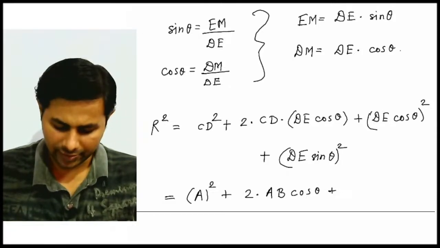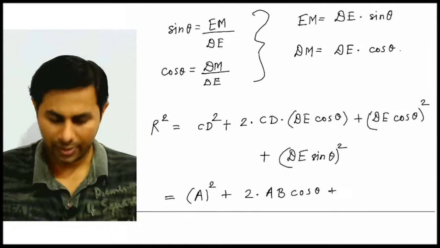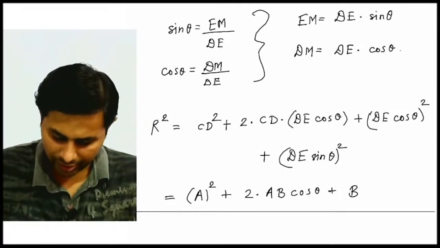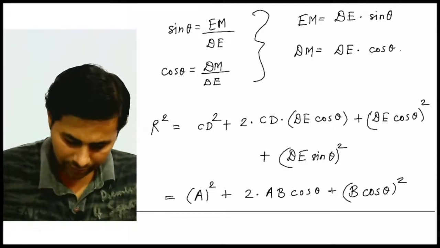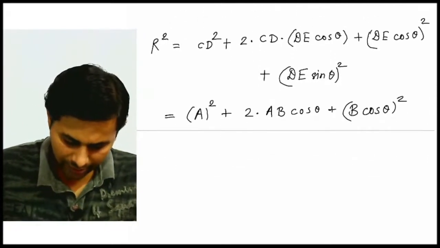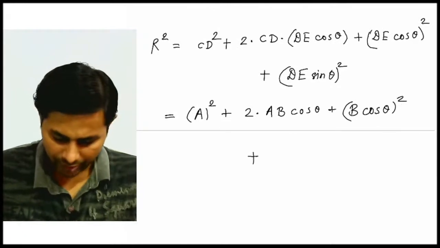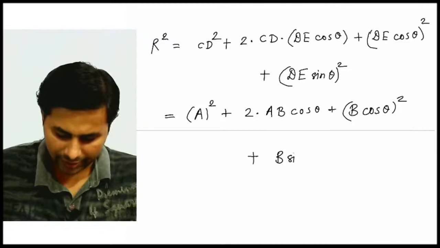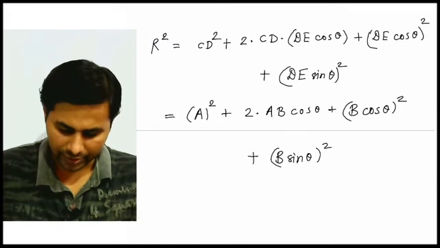DE is magnitude of vector B, so we have B cos theta squared plus B sine theta squared.